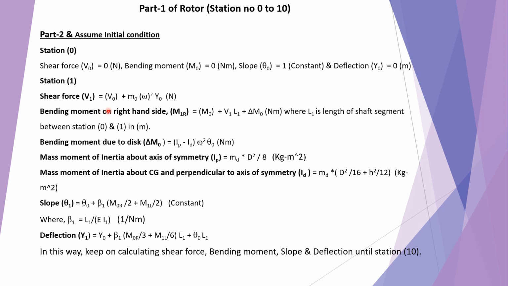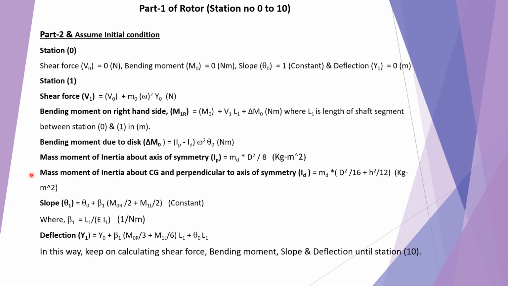Then shear force V1 is V0 plus M0 omega square Y0. Bending moment on the right hand side of station 1, M1R, is equal to M0 plus V1 L1 plus delta M0, and bending moment due to disk delta M0 is equal to IP minus ID into omega square theta 0.